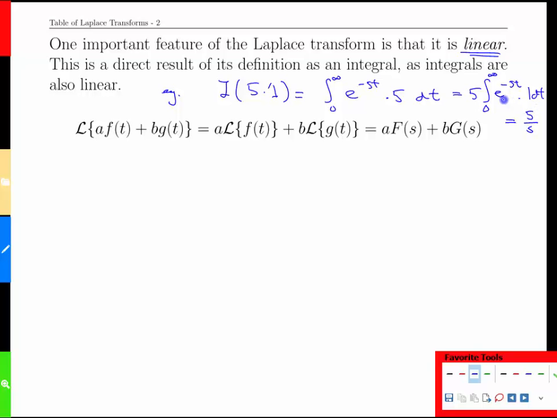It's 1 over s. So any multiplier by a constant can be brought out front, and so we just get the constant times what we would have gotten for the transform of the simple function.